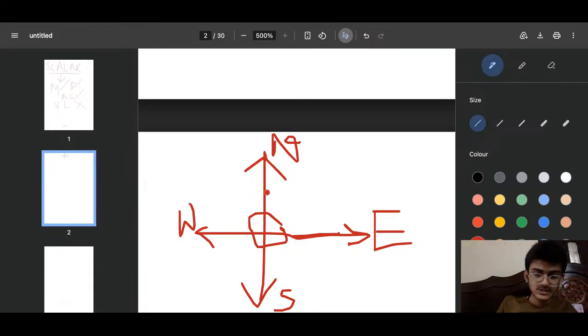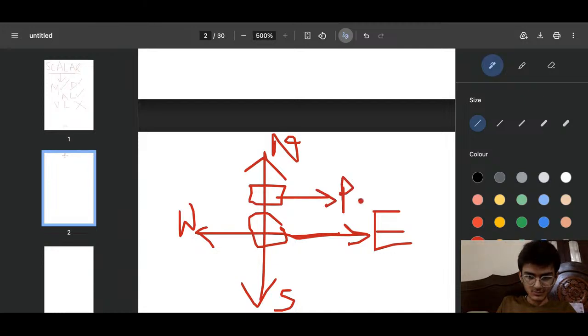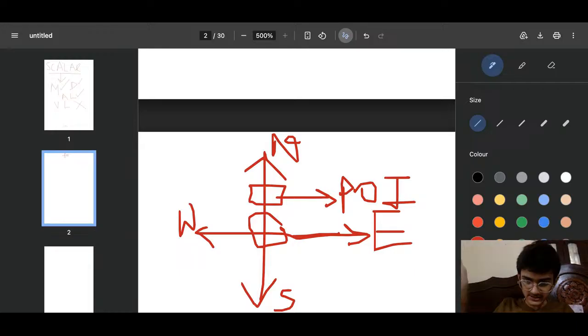See, if I'm making this point, which I just denoted in the rectangular box, as a point of reference, so according to you, when you are not giving any explanation, you are just saying this is north, this is south, this is east, this is west, this particular point is giving the indication that this direction is your north, south.